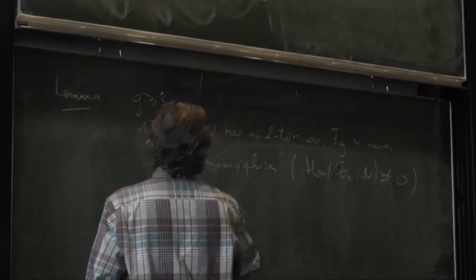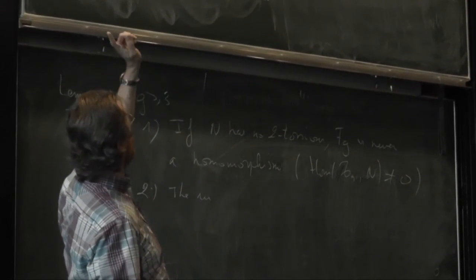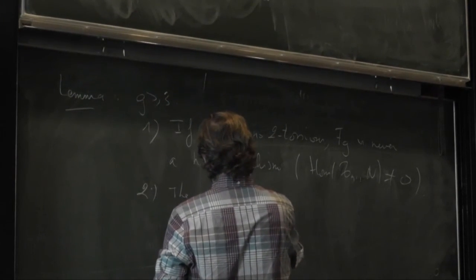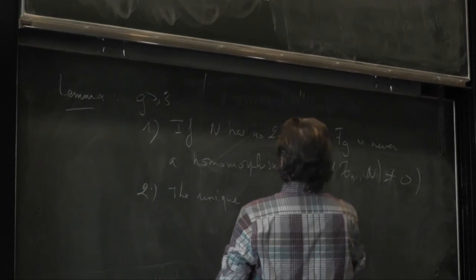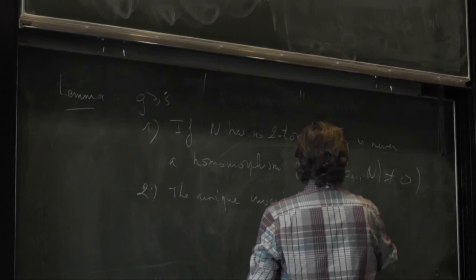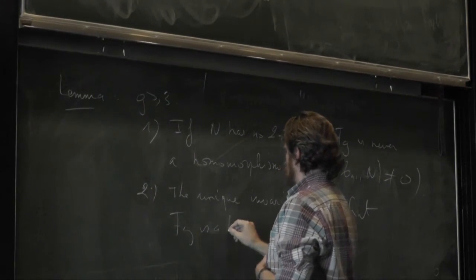And there is a unique invariant for which these restrictions are homomorphisms, and this is the Rohlin invariant. The unique invariant such that FG is a homomorphism.